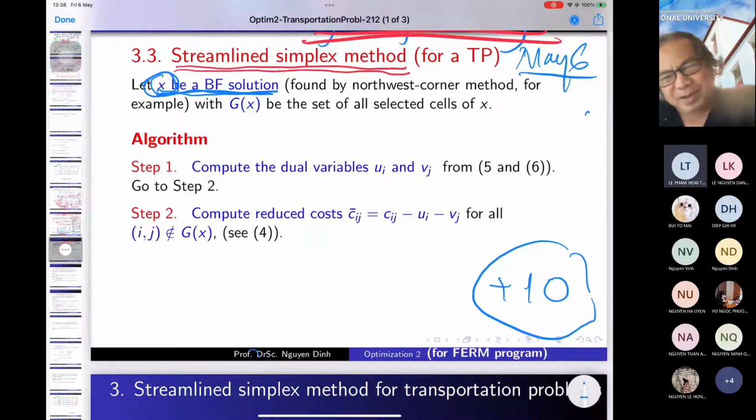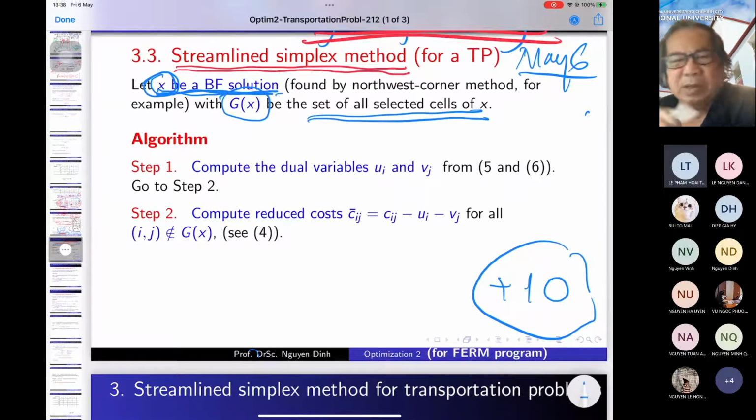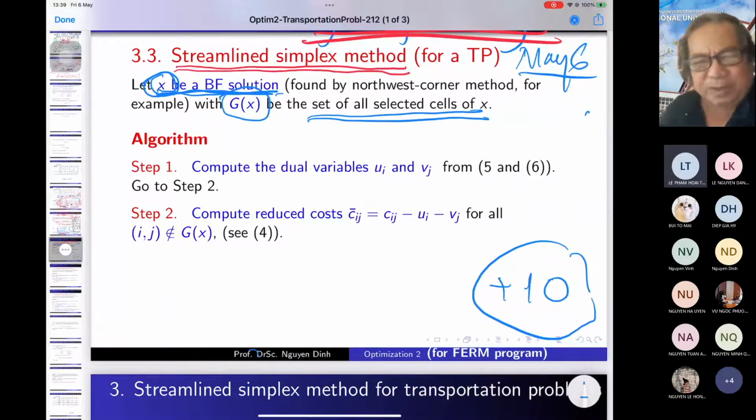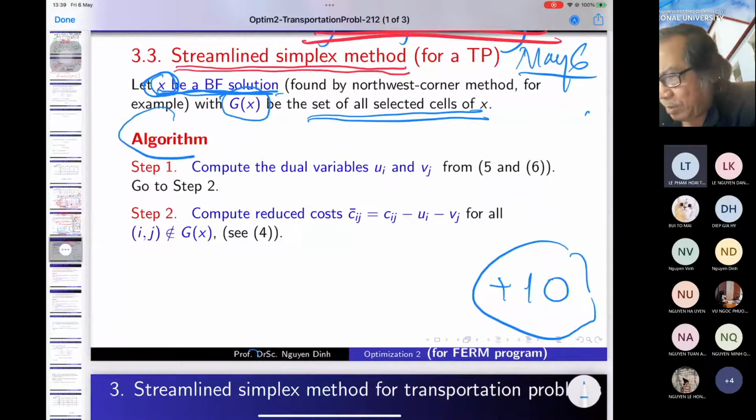You can find it by the northwest corner, least cost, or table method. When you have X as a basic feasible solution, you then have GX, the set of all selected cells of X. And then we start the algorithm.